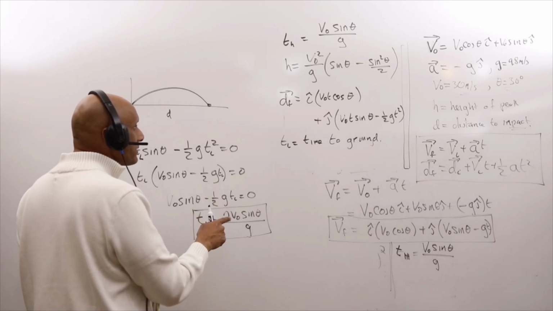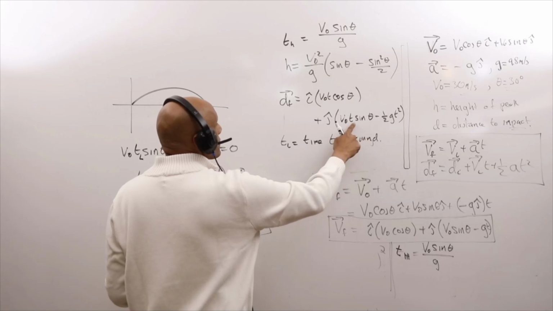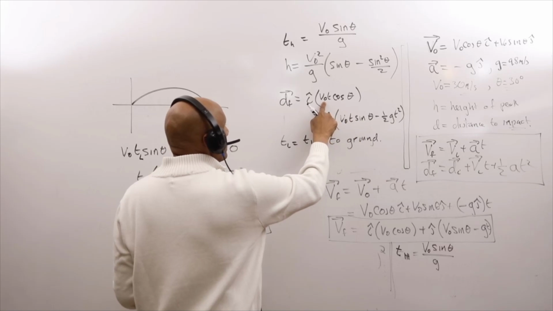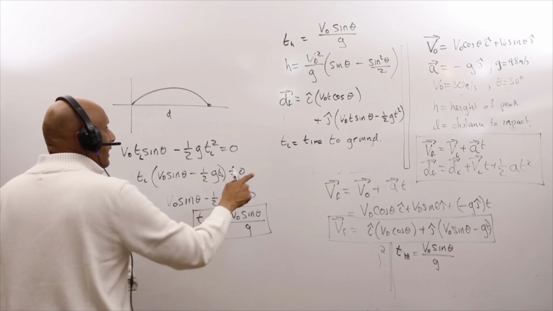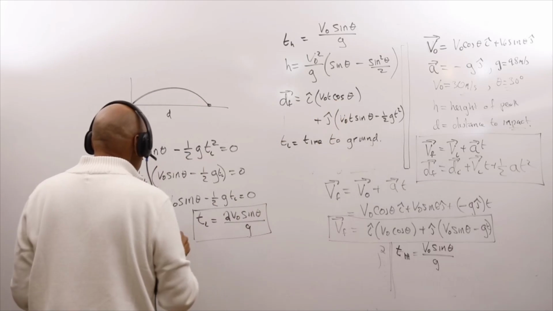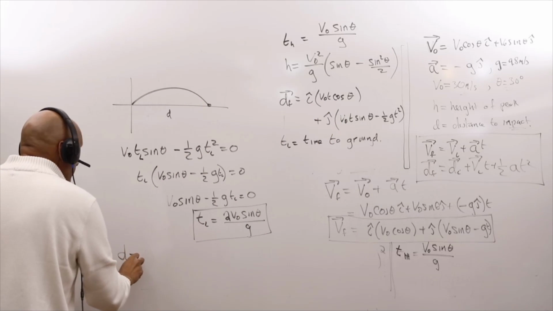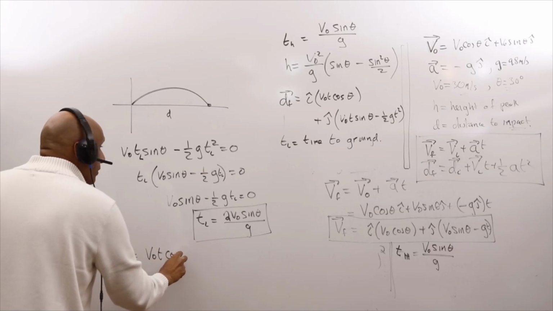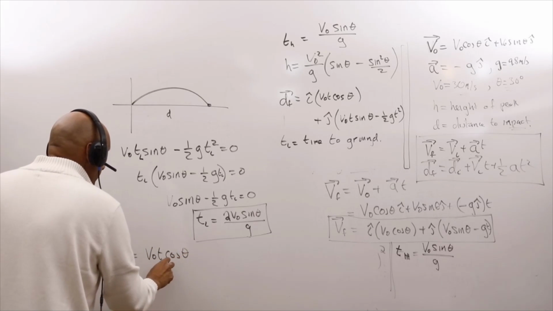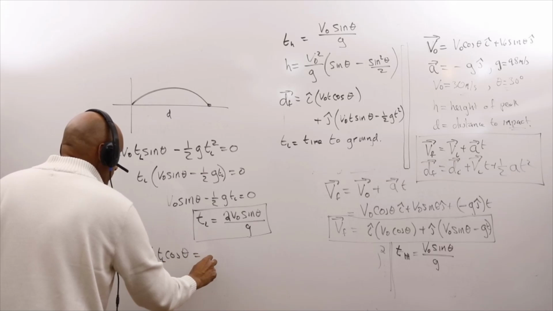But I know the position, the x and y coordinates of that object. So the x coordinate corresponding to this is d. So d is equal to V0 t cosine of theta, and this is supposed to be TL. So we can plug in TL.